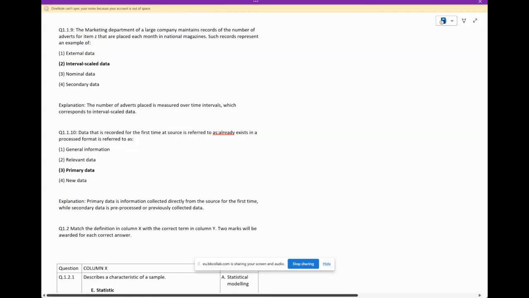And the explanation there is the number of adverts placed is measured over time intervals, which corresponds to interval-scaled data.